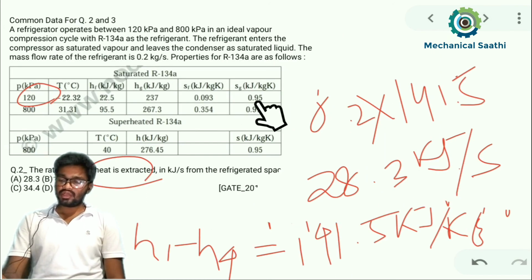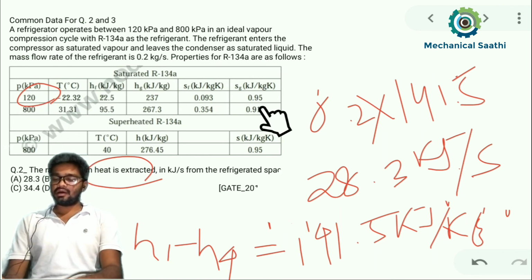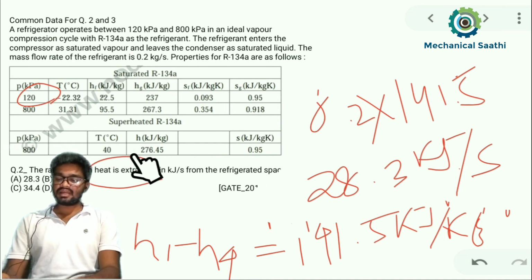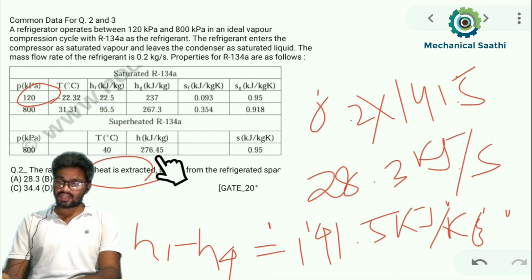Here corresponding to 120 kilopascal, our entropy which we have calculated, that is the saturated vapor entropy, is 0.95 kilojoule per kg Kelvin. Corresponding to that our temperature and enthalpy are given to us. That means this is the value of enthalpy at point 2.